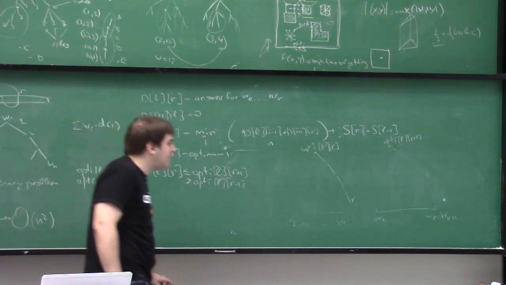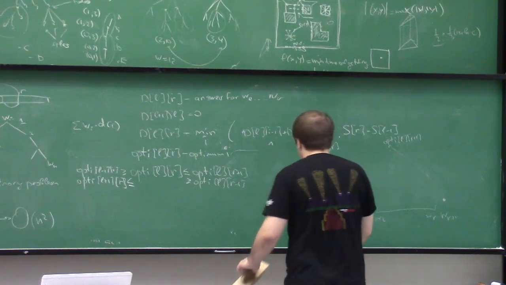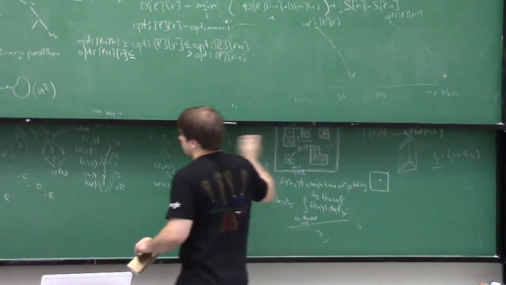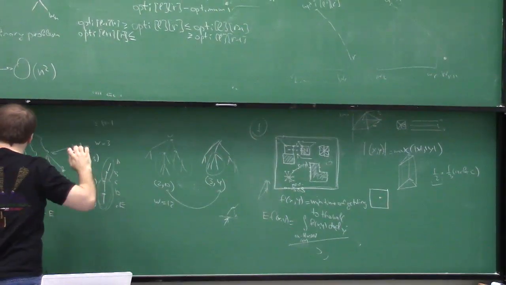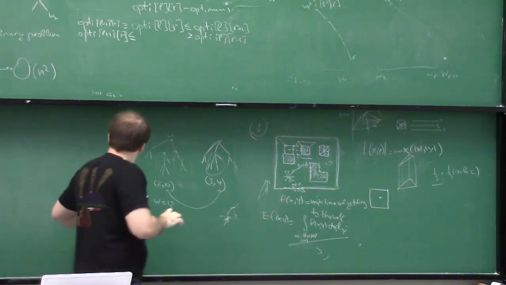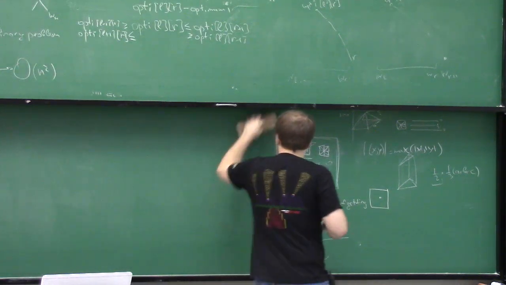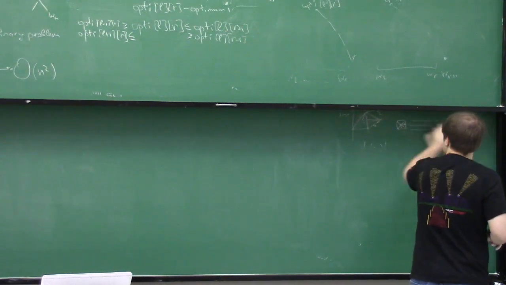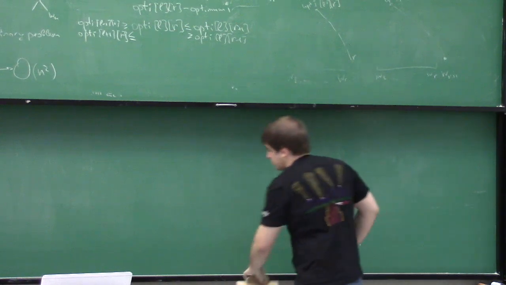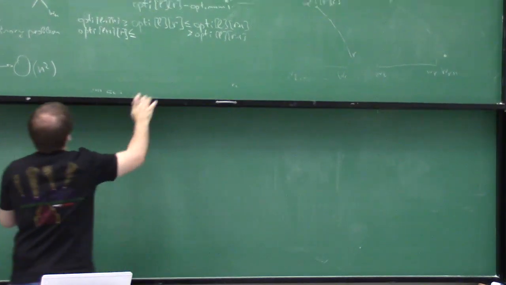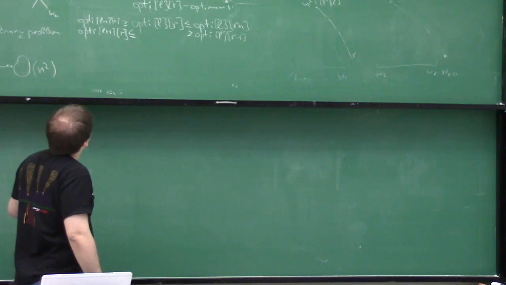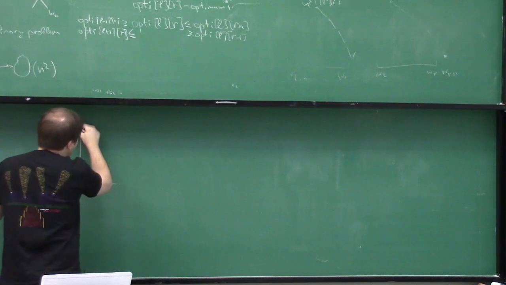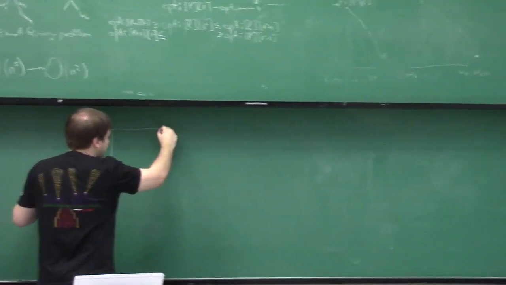If we draw them schematically on a picture, it would look like the following. Here you have the table of all the values of the dynamic programming.